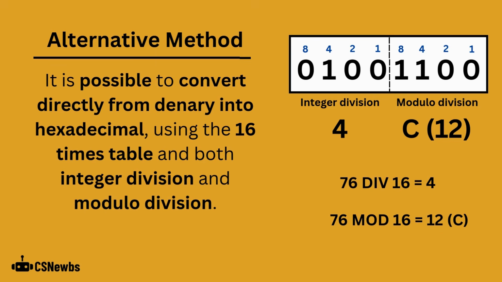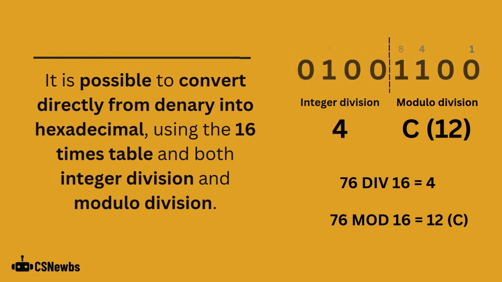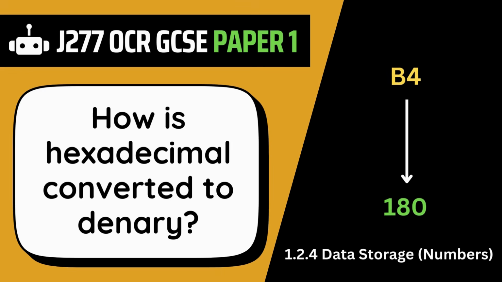To work out the right nibble, you would need to do the denary number, 76, modulo division 16. 16 goes into 76 4 times: 16, 32, 48, and 64. Modulo division works out the remainder from that 64 to the original value of 76, which is a remainder of 12. 12 in hexadecimal is C.